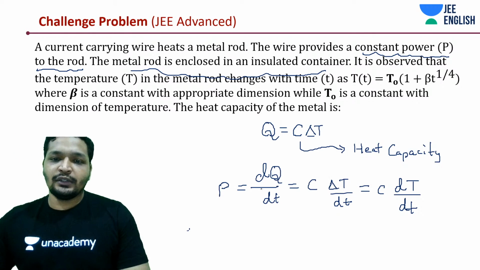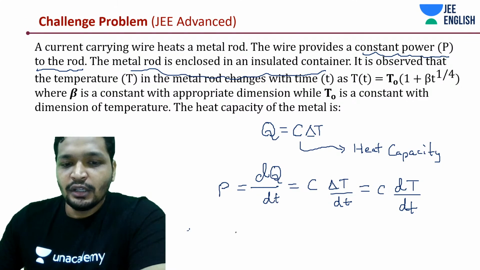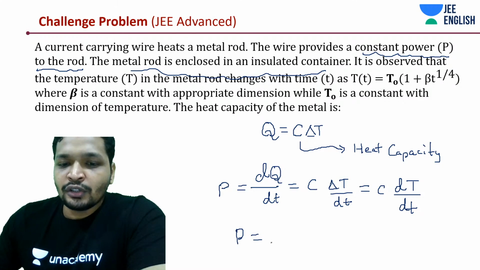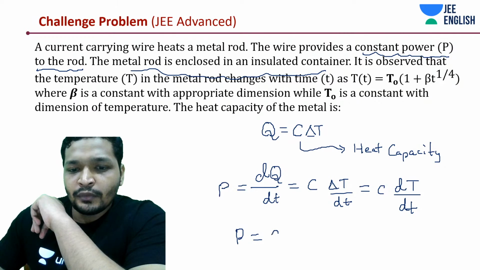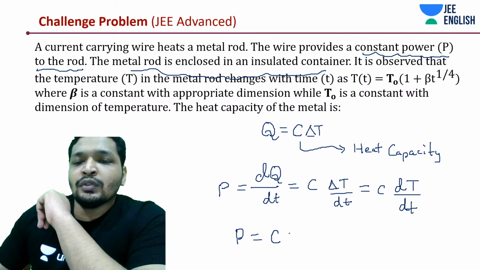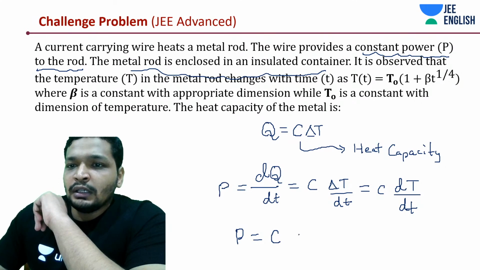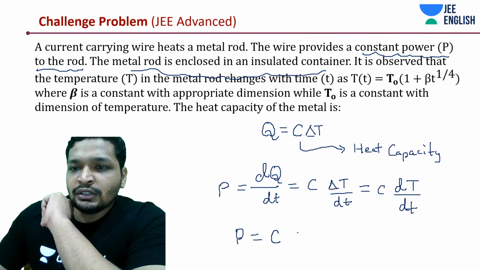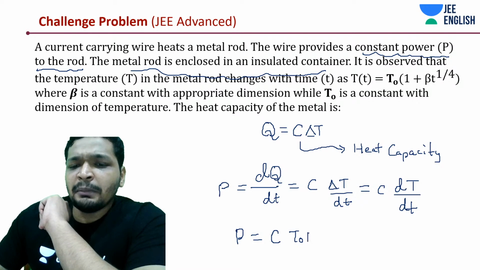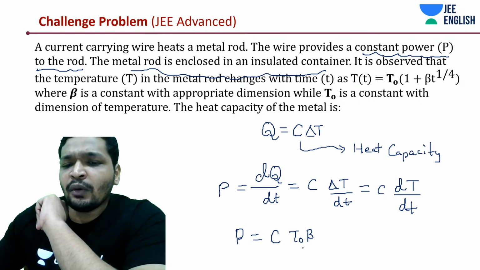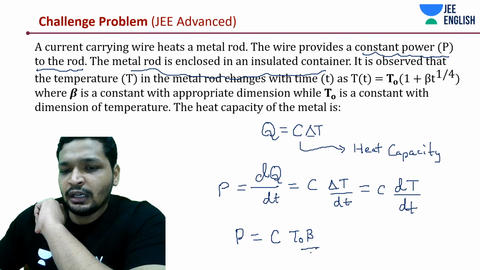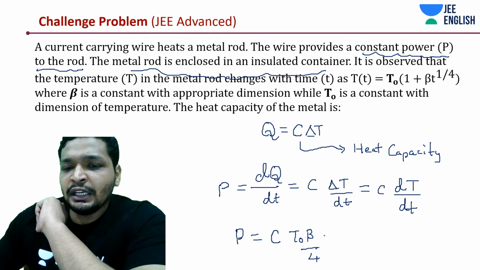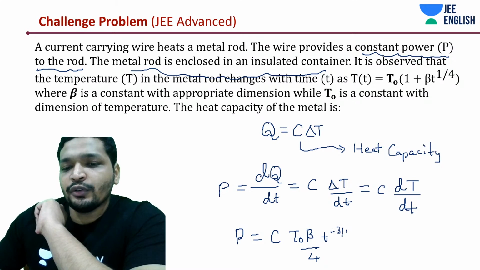Really good, I haven't solved it yet. Let's check it out. So power is equal to C into dT by dt. T0 is a constant, so there would be a T0 beta and 1 by 4 when you differentiate with time, and T to the power minus 3 by 4.